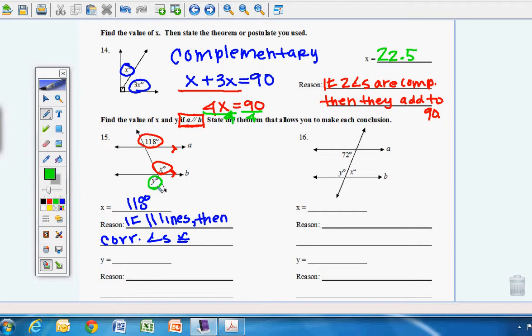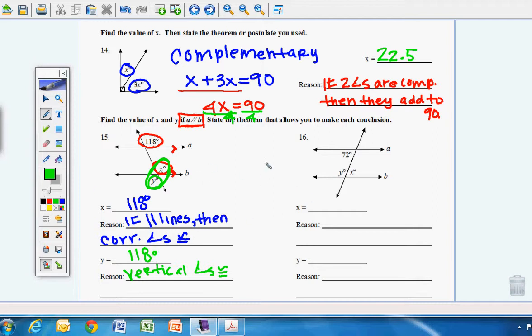And then you have to ask yourself, okay, well, what's this location here? What's going on there? What do I know? Well, hey, I know that vertical angles are congruent. So if they are congruent, they are the same. If x is 118, then y has to be 118 degrees.